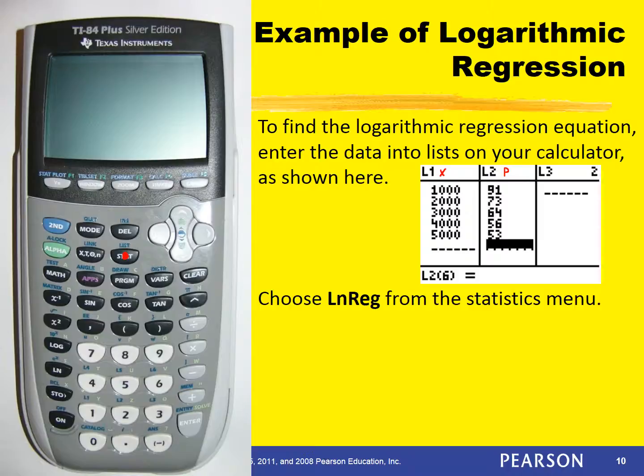So you're going to go stat, and then you're going to use the right arrow button, and then that puts you in the calc submenu, and then you're going to go to the logarithmic regression option, and hit enter.